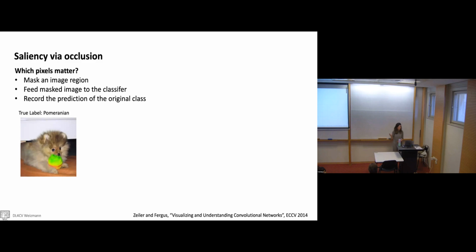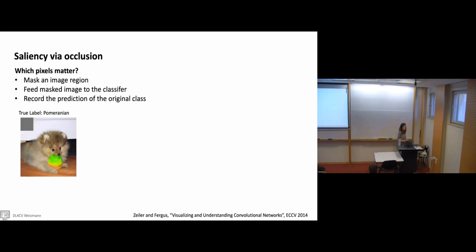So this approach introduced in ECCV 2014 by Zeiler and Fergus is a pretty simple method to answer this question. And the main idea is just, okay, let's do the following. Let's just block some region in the image.